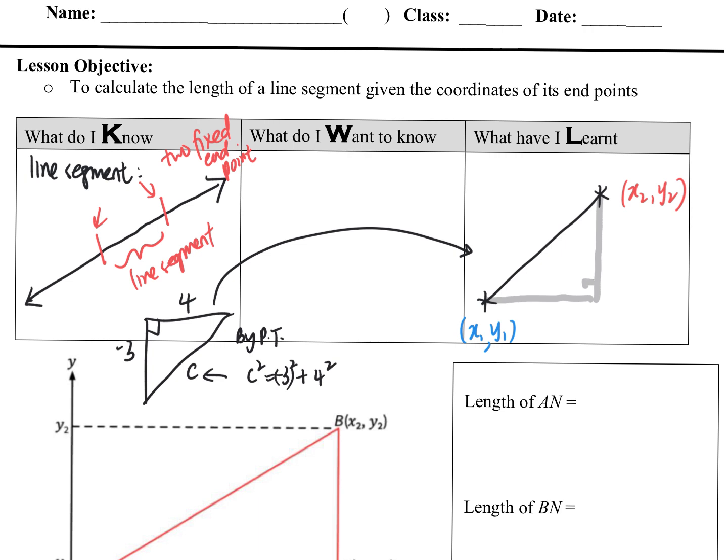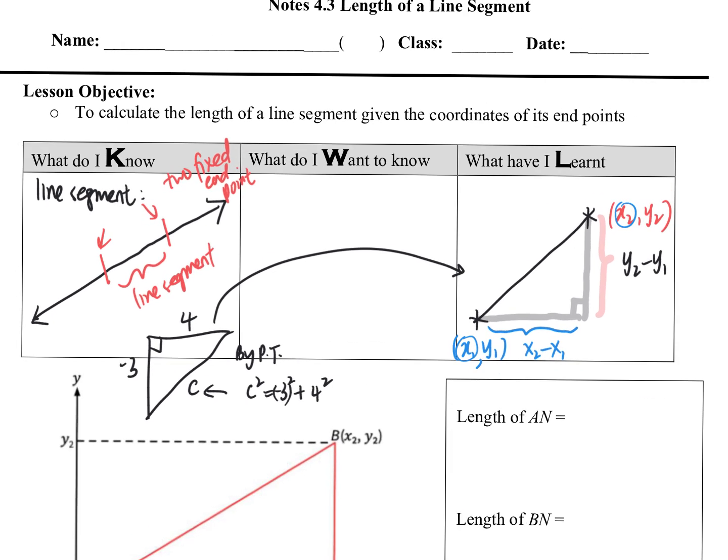The height here is essentially your rise, which is your y2 minus y1. Okay, this is the height, right? And then the base is actually the run, which is x2 minus x1. Right? We always use this length minus this. So by Pythagoras theorem, we can always find the hypotenuse.